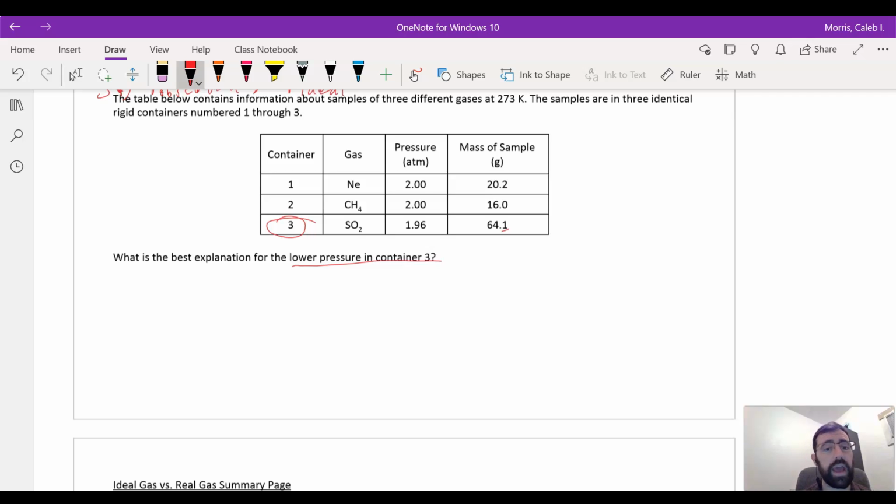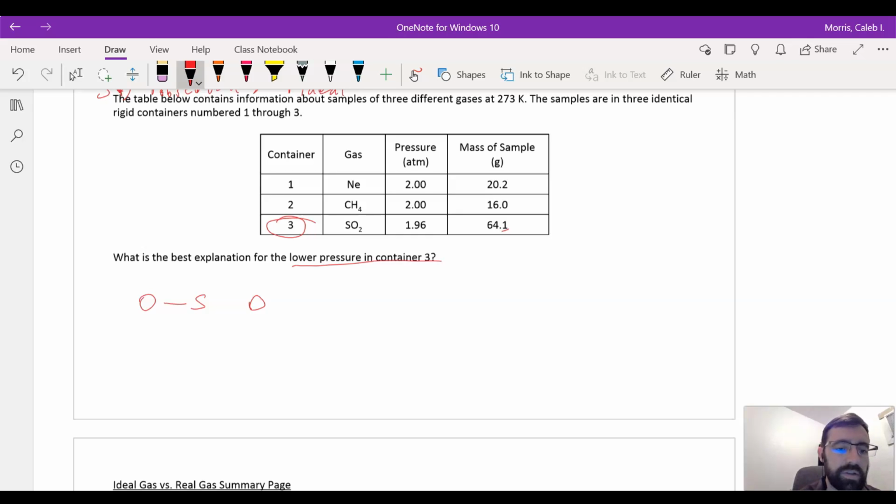Well, we want to look at what makes this one different. CH4 and Ne are both nonpolar, but let's look at SO2. Sulfur has 6 valence electrons. Oxygen has 6 valence electrons, so 6 times 3 is 18.